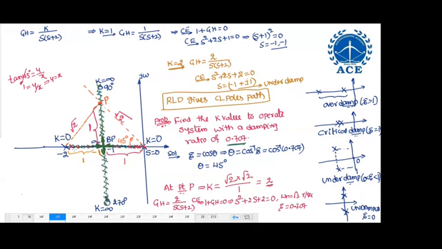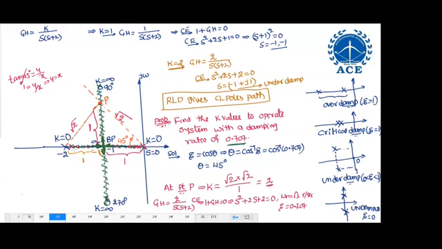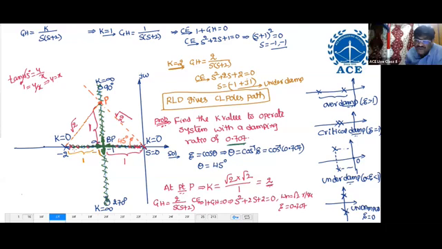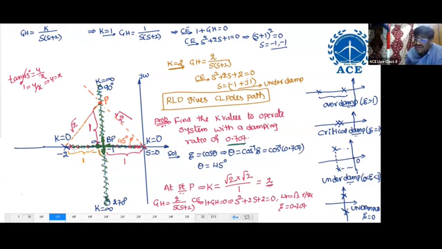Initially, when you solve any root locus problem, you find poles from G into H. At k equal to 0, open loop poles equal closed loop poles. Earlier we found them from the characteristic equation. The root locus diagram gives the closed loop poles path.